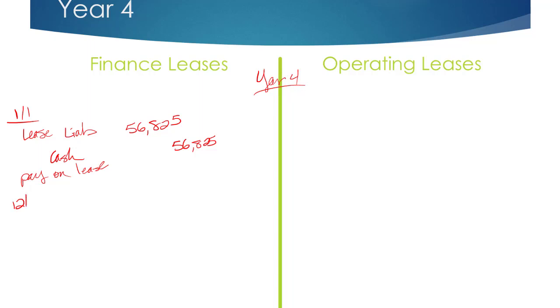On 12/31, I don't have any more interest that's accrued because back on January 1, I paid off the last of my lease liability. If the liability is at 0, there's no interest to accrue, so I don't have any interest expense. But I do still have amortization expense because I have used it for a year, and that's going to be the same amount.